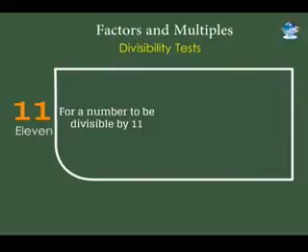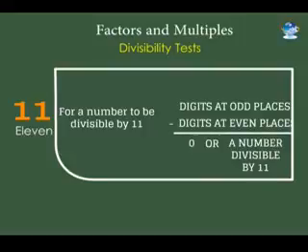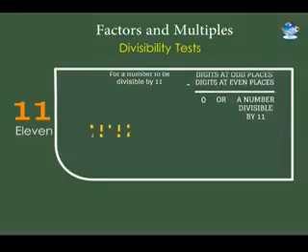For the number 11, we add all the digits in the odd number places and add all the digits in the even number places. We subtract the result. If the result is 0 or a number divisible by 11, then the entire number is divisible by 11. Take 75,152.